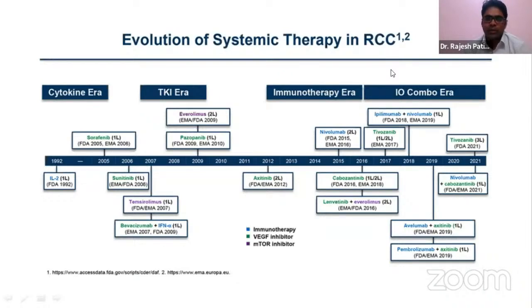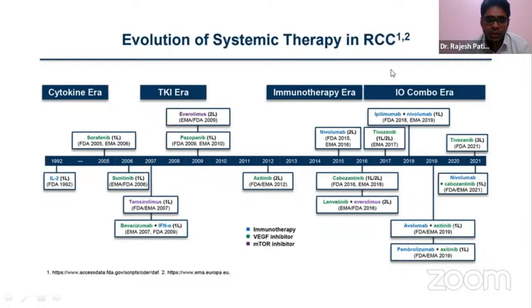That time sunitinib was the standard, then came pazopanib, and they compared pazopanib and sunitinib in the COMPARZ trial, and they found out that both were equal and pazopanib was better in terms of toxicity. Then cabozantinib and another TKI, axitinib, came in second line, and then immunotherapy first came in second line. Then immunotherapy came in combination with immunotherapy in first line, especially in high risk patients. And now immunotherapy plus TKI became the standard in even high risk and low risk patients of RCC.